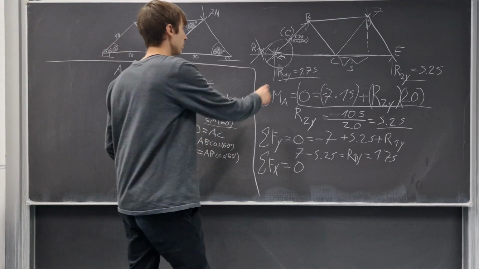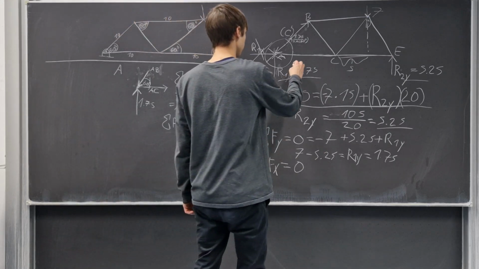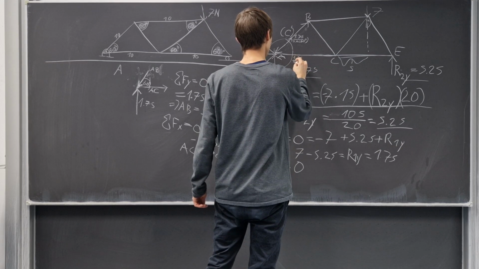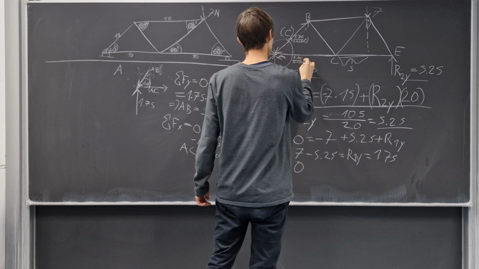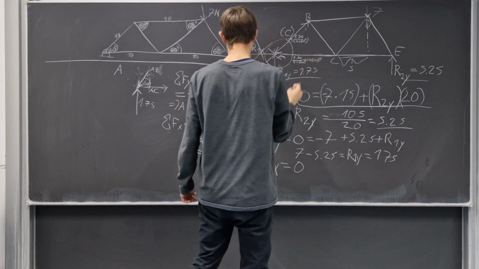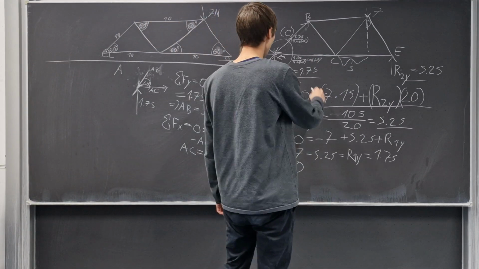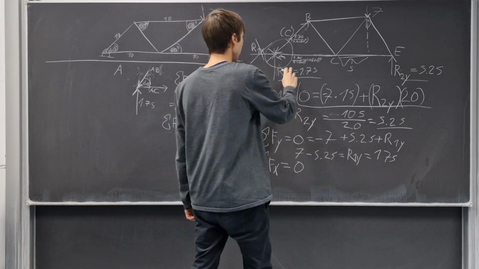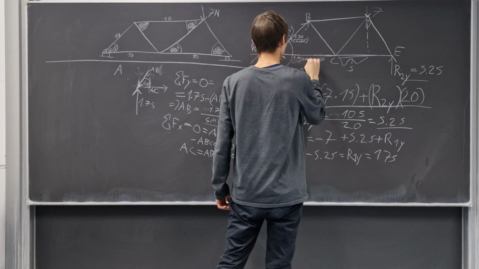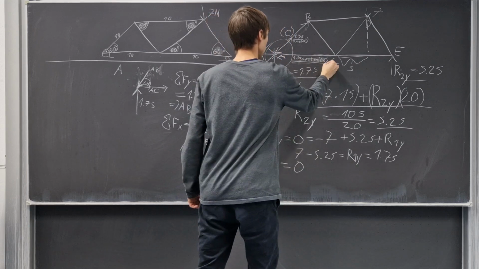Well, AB is this, so we multiply by cosine 60, so it's going to be 1.75 over sine of 60 times cosine 60, and that will be cotangent basically. So we can say 1.75 times cotangent of 60 degrees. Okay, so we have that.